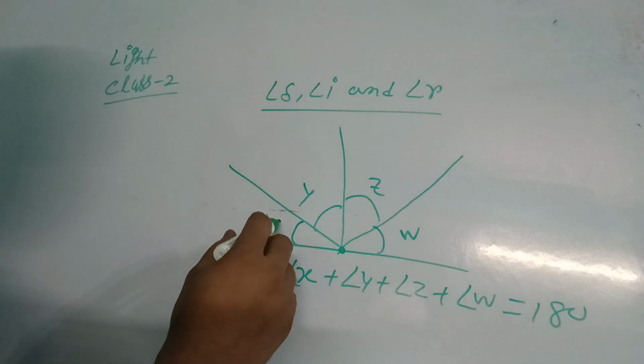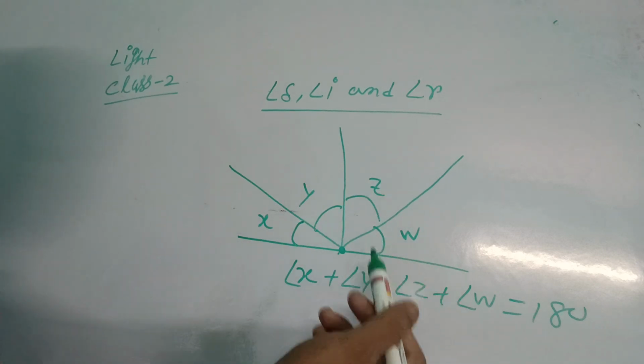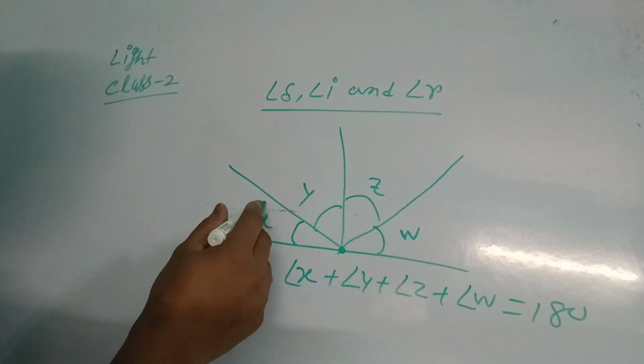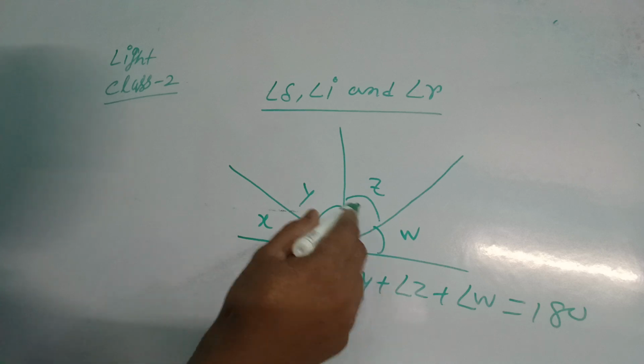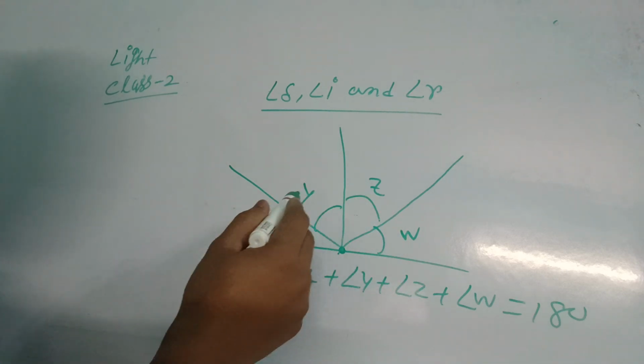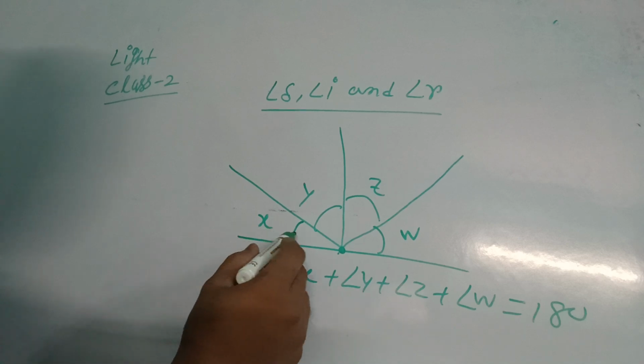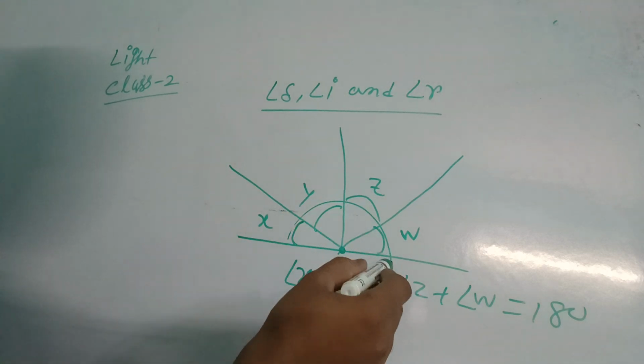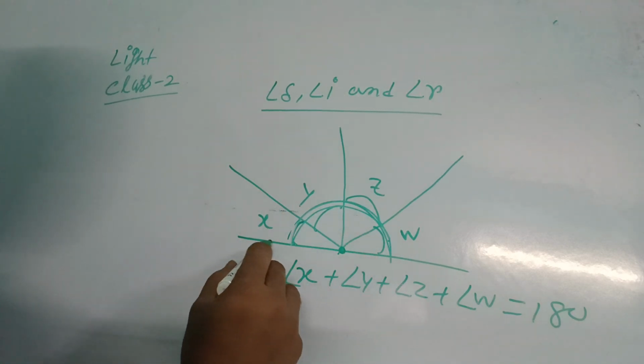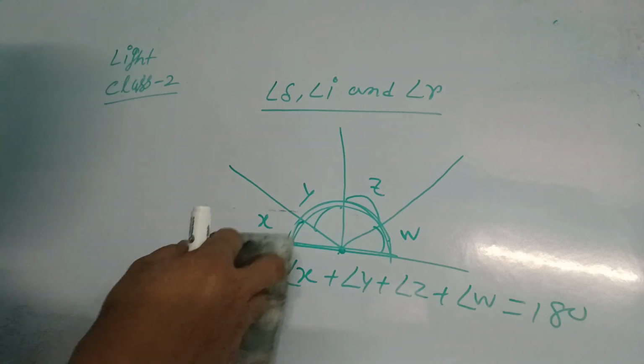If we know the value of any three, then we can find the other one. Or if we know the relation between the angles, then we can find them individually. We know the sum of all the angles must be 180 degrees because it is a straight angle.